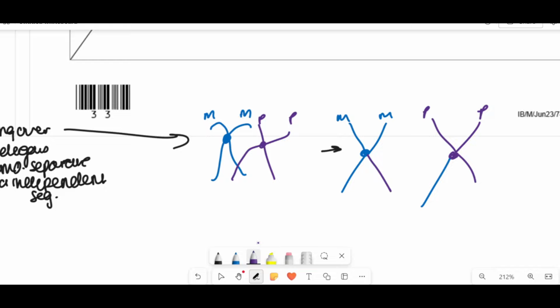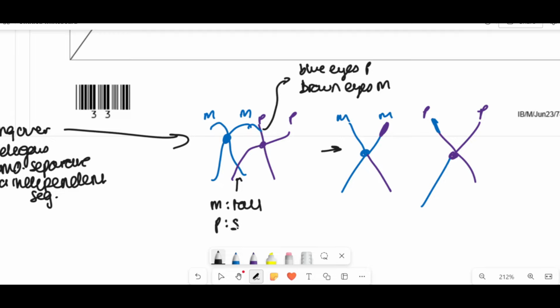So for example, let's pretend I do cross over 2 bits, right? So I'm going to end up having here and here, right? Let's pretend this region is blue eyes paternally and then brown eyes maternally, right? And then if we look here, let's say, for example, this is maternally, she's tall, paternally, he's short.